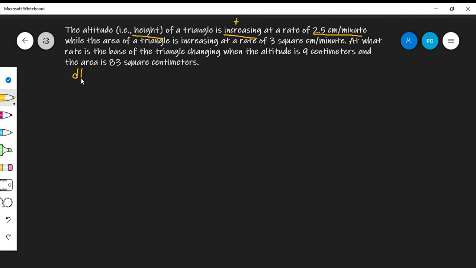So dh/dt is 2.5 centimeters per minute, while the area of a triangle is increasing, so dA/dt is also positive at a rate of 3 square centimeters per minute. So dA/dt is 3 centimeters squared per minute.